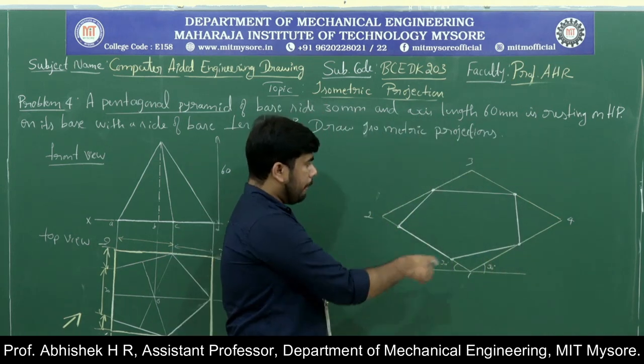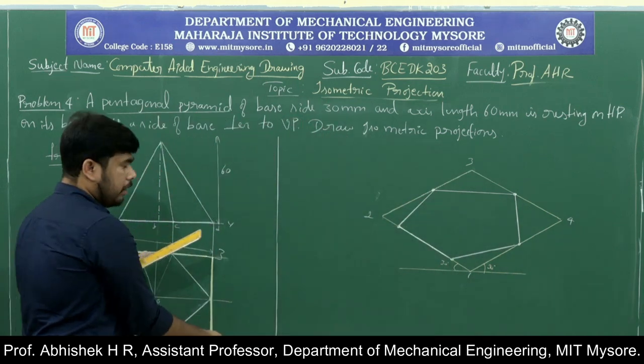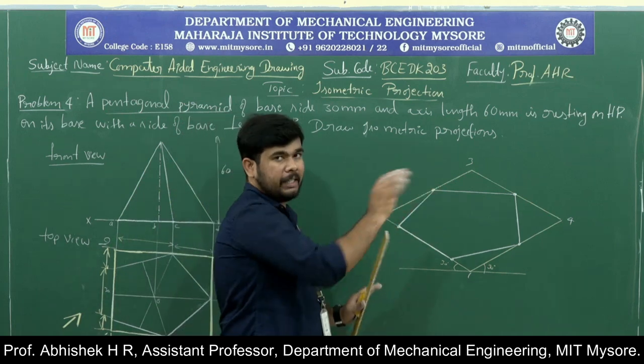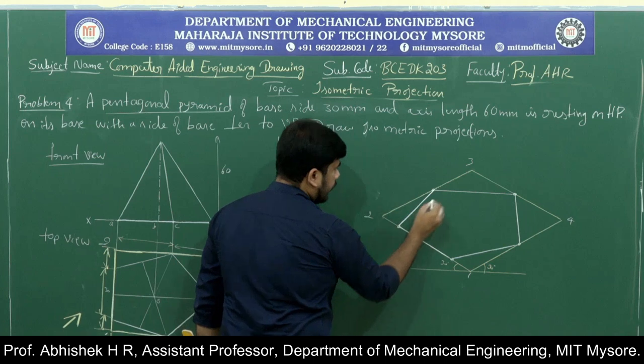See, we got the pentagon within that square only. The same pentagon within that square has been tilted to 30 degrees. So we got the pentagonal area here.